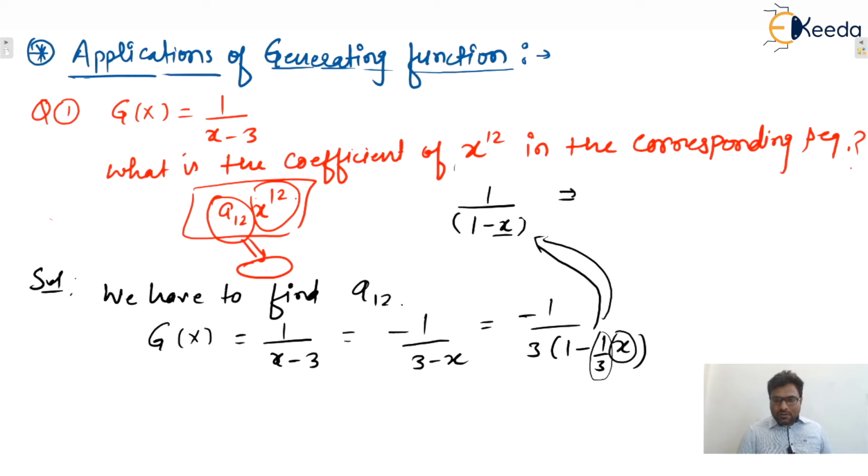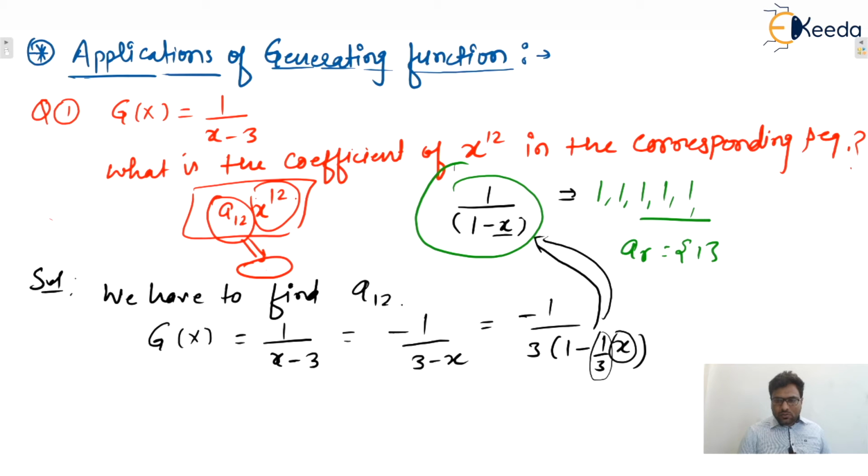This is the generating function for the sequence 1, 1, 1, 1, 1. Here a_r is 1 only, whether r is 0 or anything. Now this sequence a_r will be multiplied with a constant.